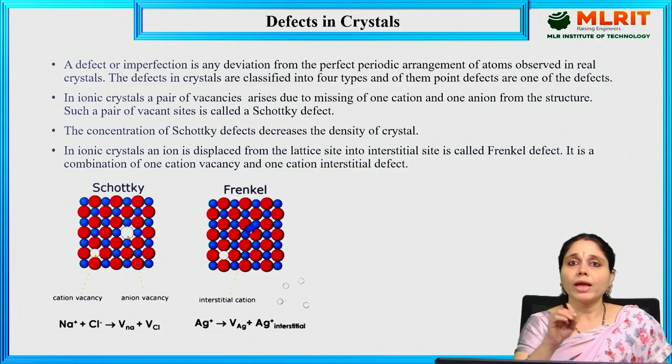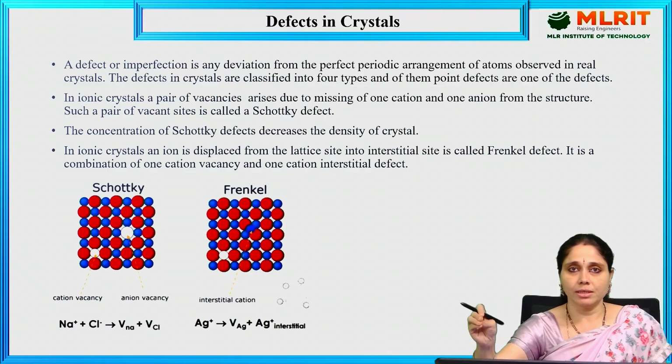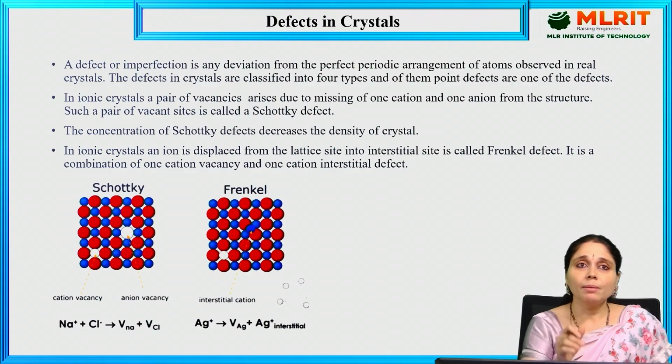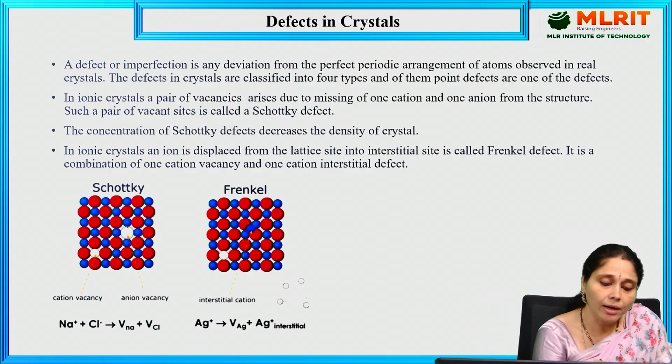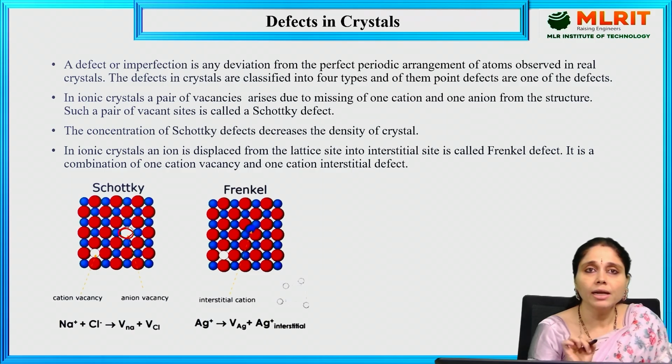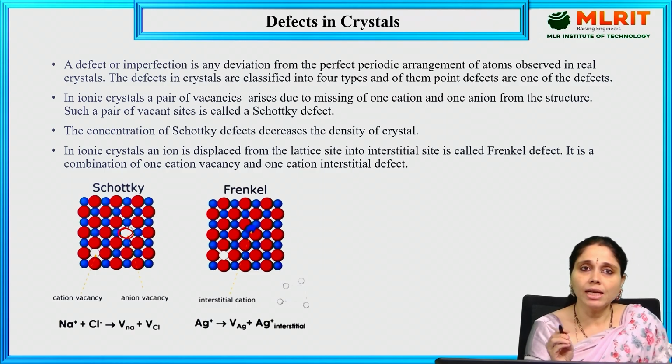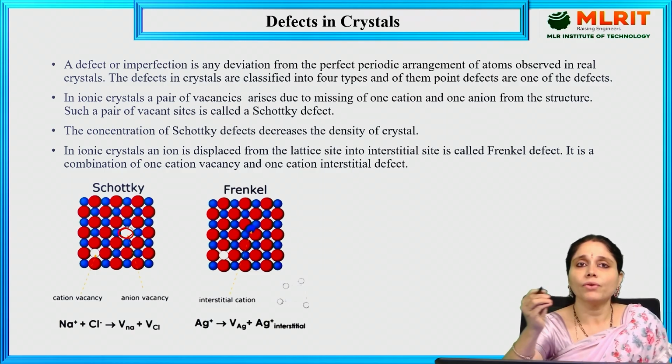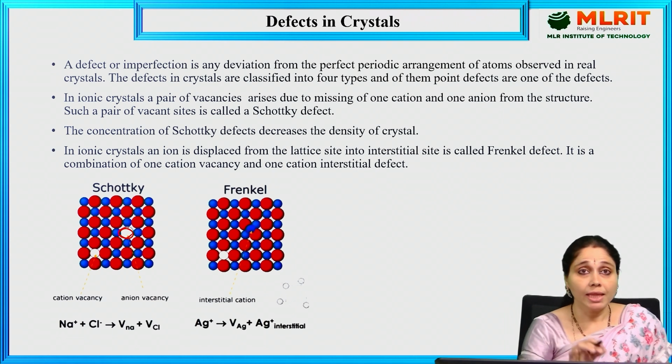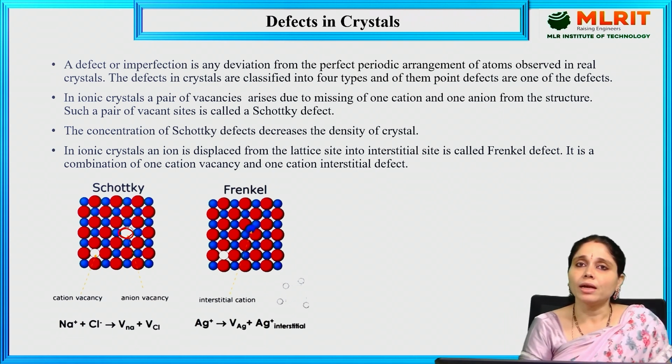If a parent vacates and goes to his respective child, then what happens? There will be a vacancy over here, right? Likewise, if an atom is moved from one place to another place, then the defect is called a Schottky defect. Now, what do you mean by Frenkel defect?